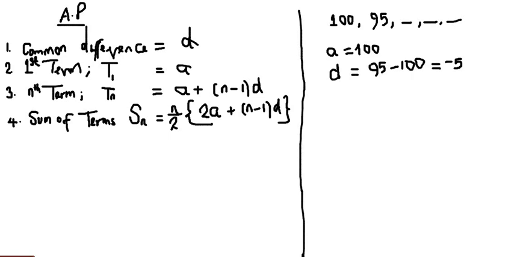Which means we should be able to find the third term, fourth term, fifth term, because we understand what the common difference is. Basically, for an arithmetic progression, if the first term is given as A, the second term will be A plus the common difference, A plus D. To get the third term, you have A plus 2D.